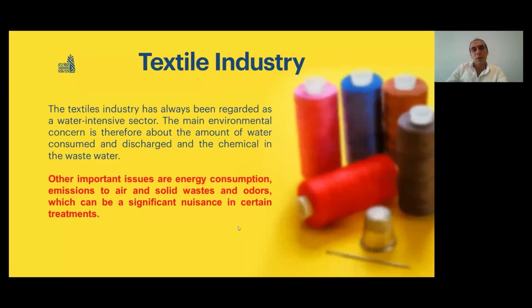And another sector is textile, because I chose some sectors like plastic and textile. The textile industry is known as a water-intensive sector, but another issue in the textile industry is also energy consumption, emission to air, solid waste, and odors.